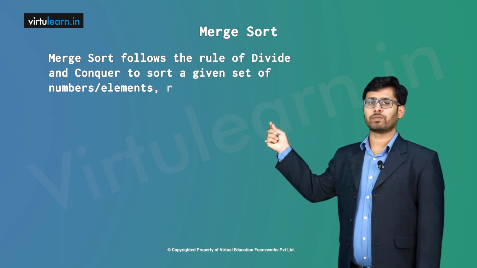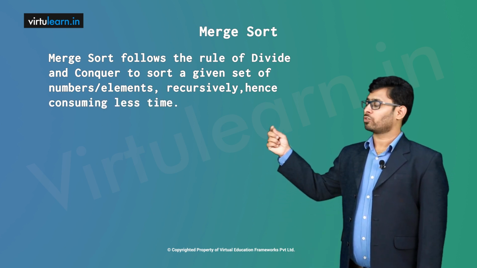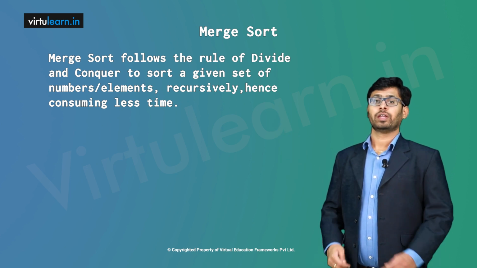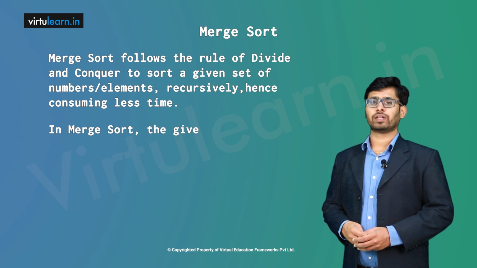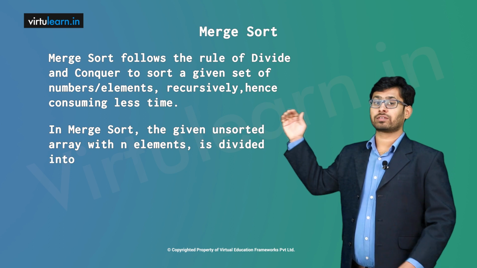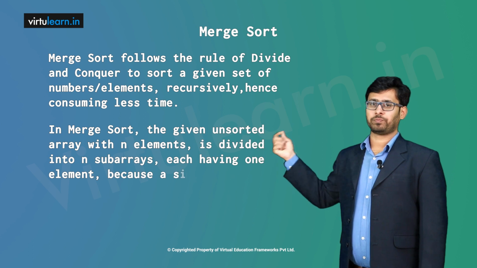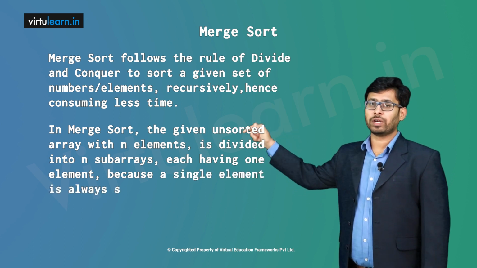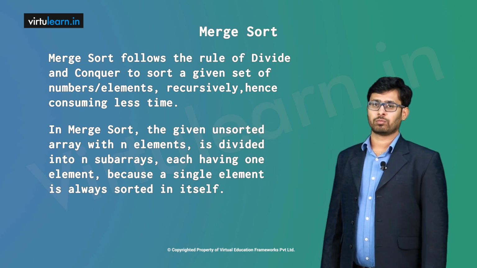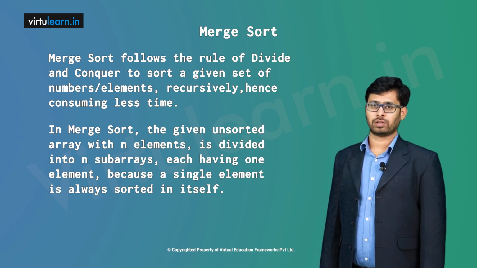To sort a given set of numbers or elements recursively, hence we can consume less time to sort the elements. In merge sort, the given unsorted array with n elements is divided into n sub-arrays, each having one element, because a single element is always sorted by itself.